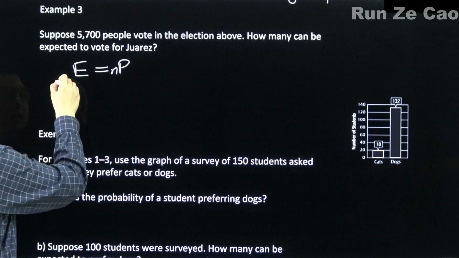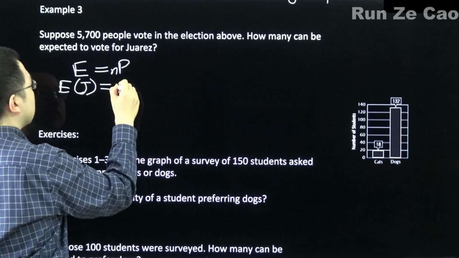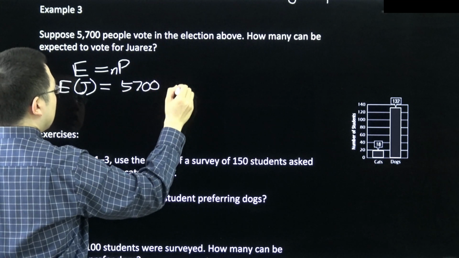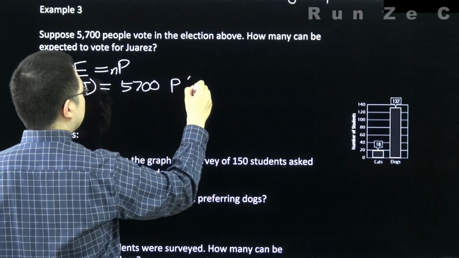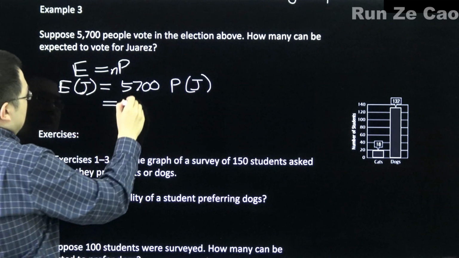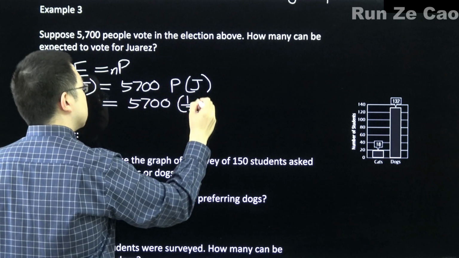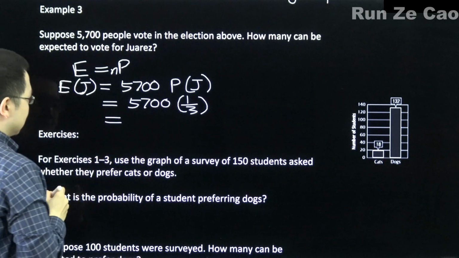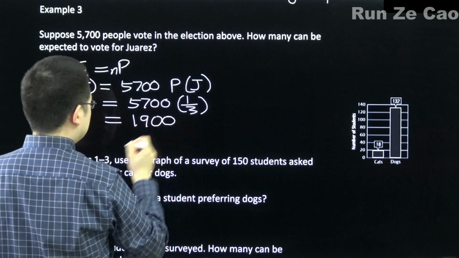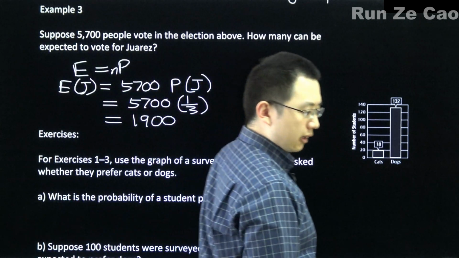In this case, expectation of Huarei voters is equal to total number of voters times the probability of somebody voting for Huarei, which is 5,700 times 1/3. And that is equal to 1,900 people expected to vote for Huarei.